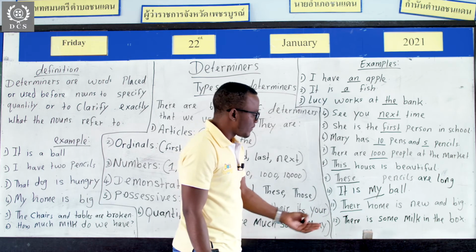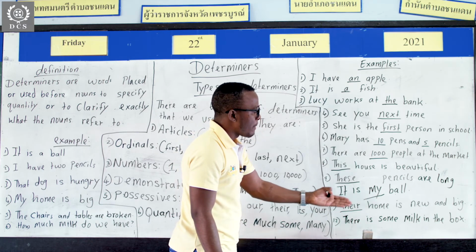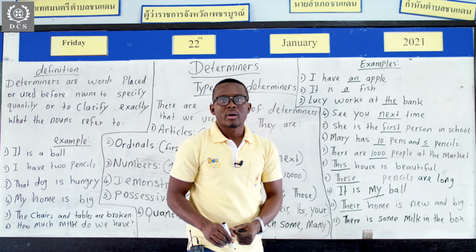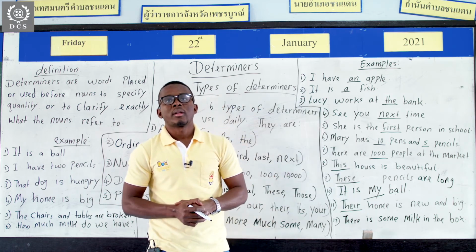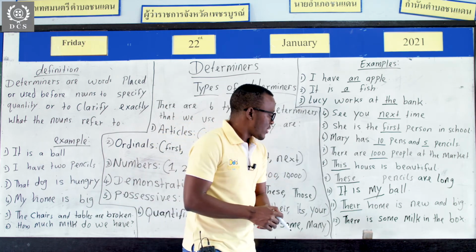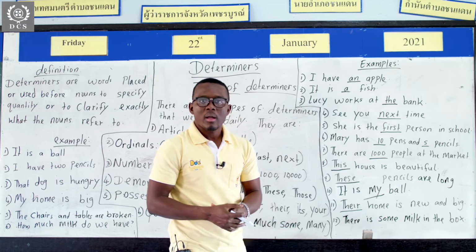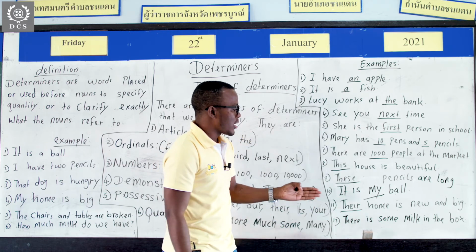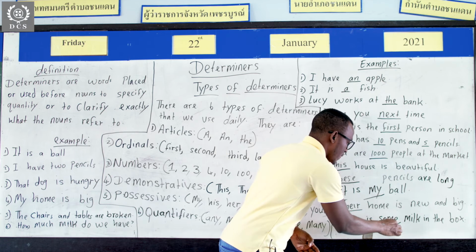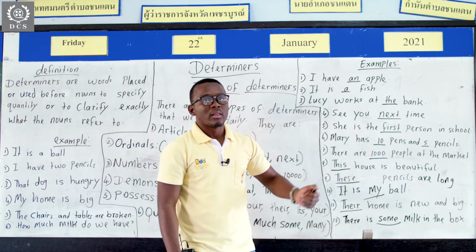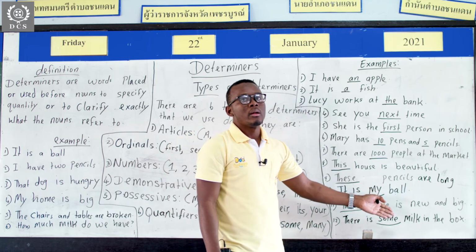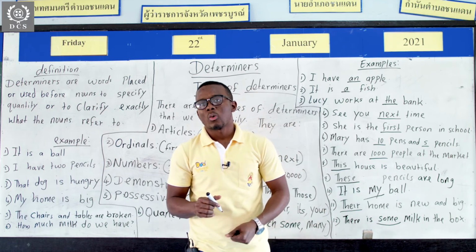And the next one, there is some milk in the box. So we can see here that some is a determinant while milk is a noun.